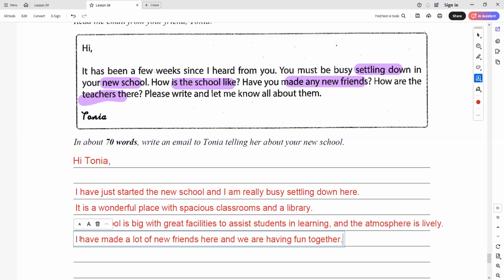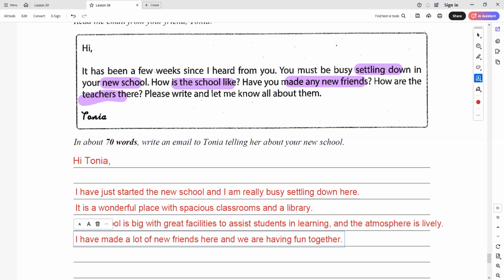After this, you are going to talk about teachers there. How about teachers? Teachers there are very dedicated. The teachers there are very nice. Just say something about teachers, that they are very willing to help us. The teachers there are friendly and supportive. Okay, so we talk about this, right?